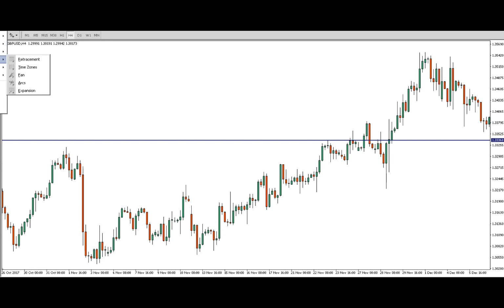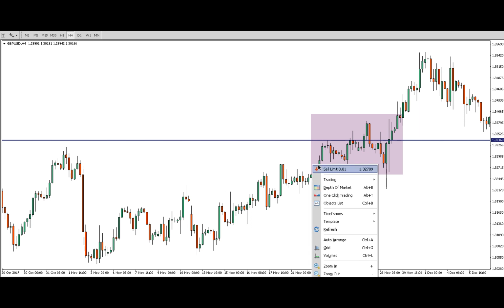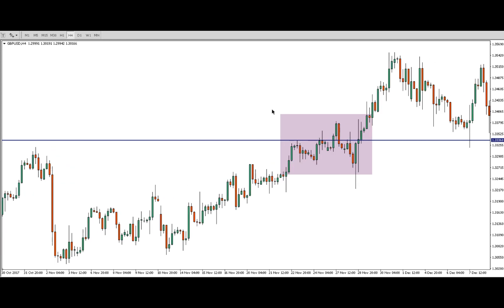Look here, we are on the 4-hour because on the daily it wasn't so clear, but here the line is very clear, right?